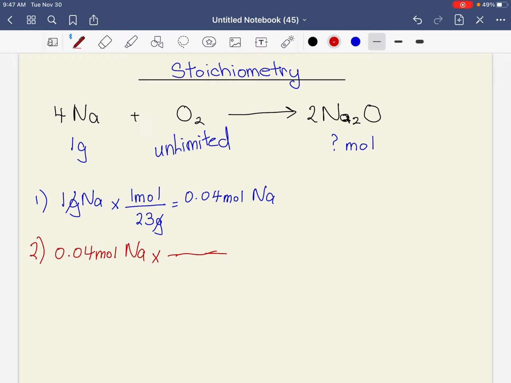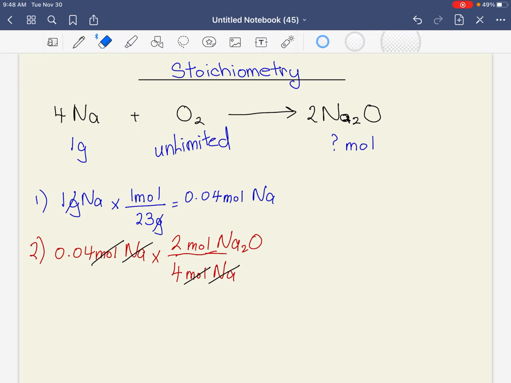I knew that was going to happen. I want to put 4 moles of sodium down here, and I hope you know why, and then 2 moles of sodium oxide up here. By doing that, moles and moles cancel, sodium and sodium cancel.